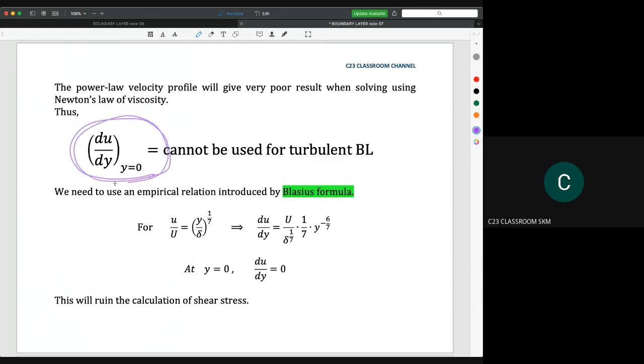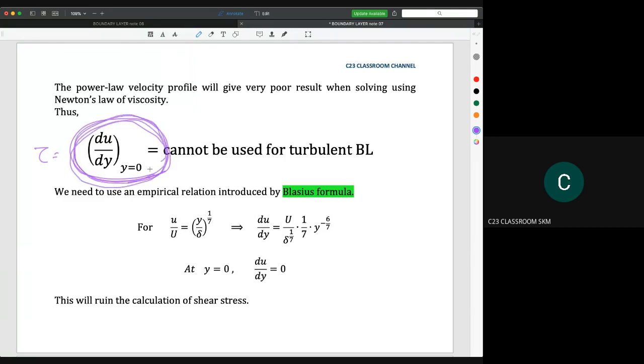We do tau is equal to mu du/dy at y equal to 0. But this is a very, very important thing. Please remember that in the turbulent boundary layer, we are not using this equation. We cannot use this equation.